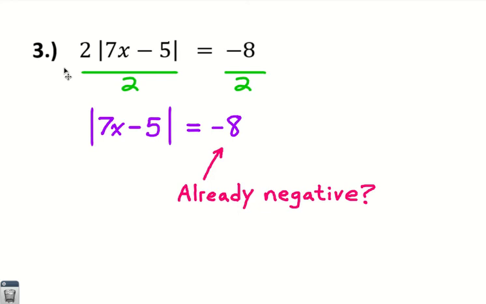What if it was just the absolute value of x equals negative 8? You tell me, the absolute value of what number would equal negative 8? Nothing. So when this number is already negative, we have a very special situation.